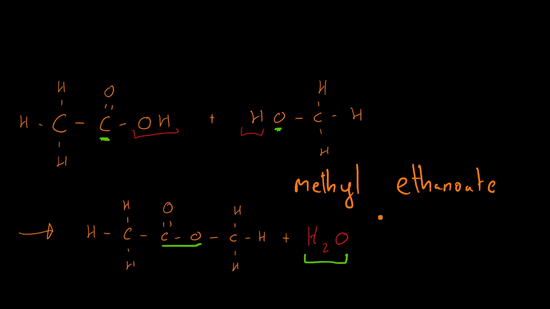You name it by using the alcohol and calling it "-yl", so it would be methyl, ethyl, propyl, and then the acid forms the rest of the name, so methanoate, ethanoate, propanoate, butanoate. Okay? Right, so that's basically how they are formed.